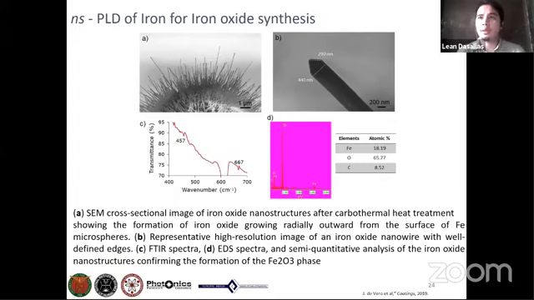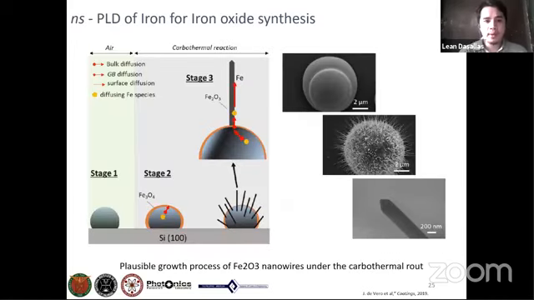The thermodynamics and the kinetics of the production of the iron oxide from the iron is quite interesting, because we think that the presence of Fe3O4 as a metastable phase is needed in order for the iron oxide nanowire to grow.